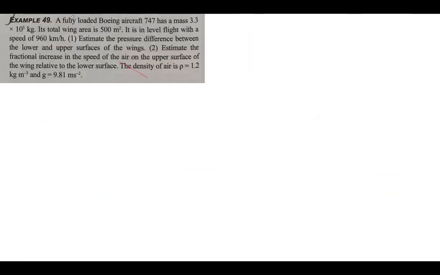Now in this next question, a fully loaded Boeing aircraft 747 has mass 3.3 into 10 to the power 5 kg. So let's say we have an aircraft and its total mass m is equal to 3.3 into 10 to the power 5 kg. Its total wing area is 500 meters square. So area of the wing A is equal to 500 meters square.